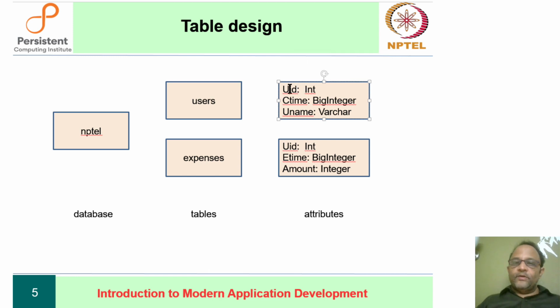They will have an attribute, we are calling it user ID in both of these cases, and C time is the time at which a user was created, and E time is the time at which an expense was created. Uname is the name of the user, and amount is the amount at hand.